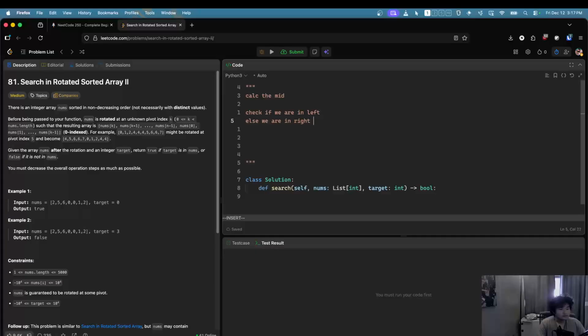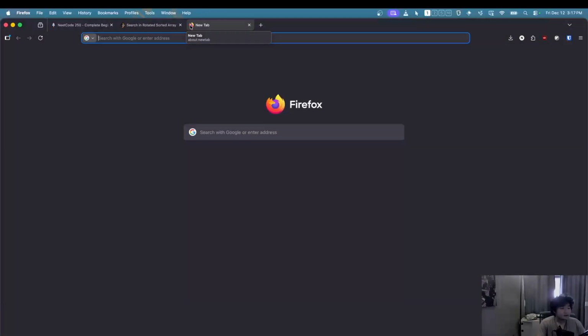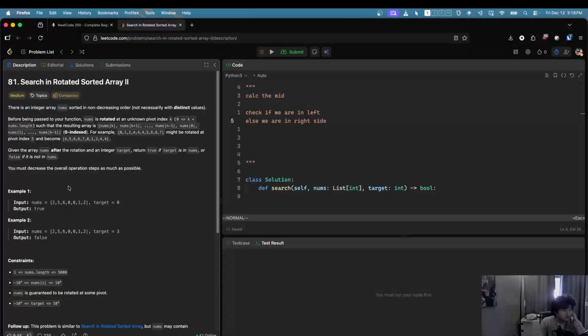So what does that mean? Let's say I do this: 1, 2, 3, 4, 5, 6, 7. There are 7 values. 7 divided by 2, round down, is 3. So index 3, 0, 1, 2, 3, is our middle value.